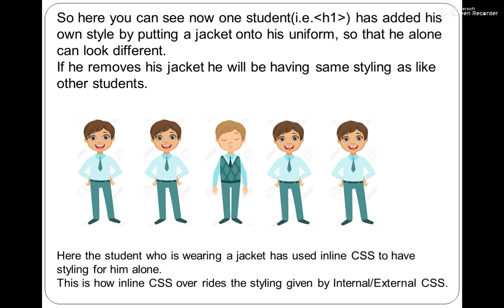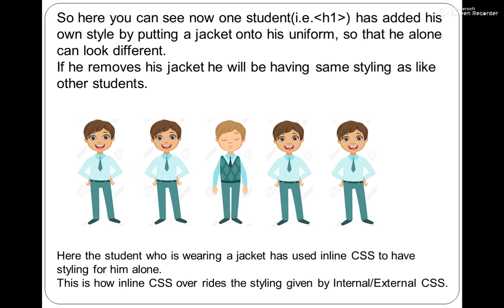So what he did, he took one jacket on his uniform. His uniform is there, but he has added one more styling to his attire. So now he is looking different. For this condition you can say that he has overridden the previous styling which was given in internal or external styling.